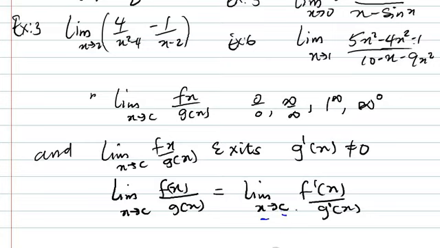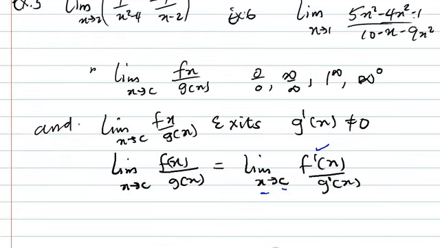So what does that mean? To apply L'Hospital's rule, you just take the f of x on the numerator, differentiate it, and find the derivative of the denominator as well, and then evaluate the given limit.